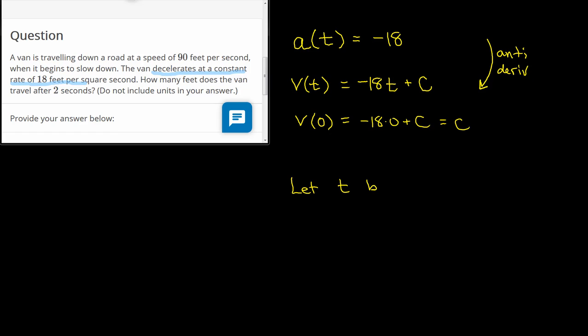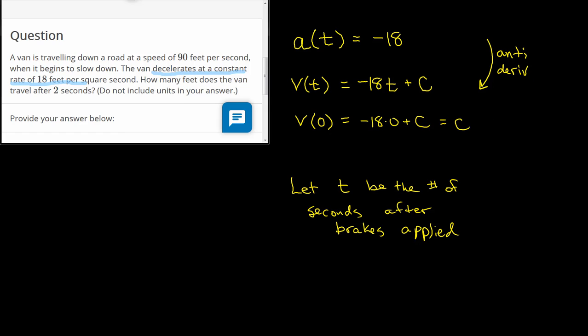Let t be the number of seconds after the brakes are applied. So if t is the number of seconds after the brakes are applied, then time 0 is the instant that the brakes are applied.